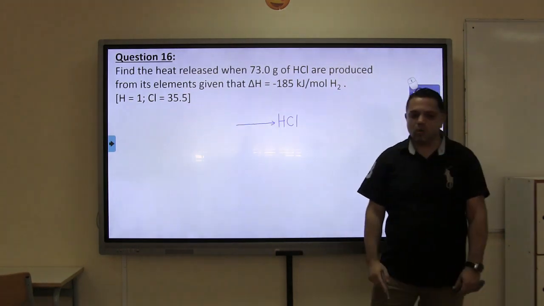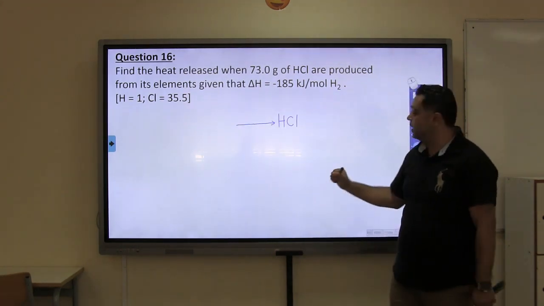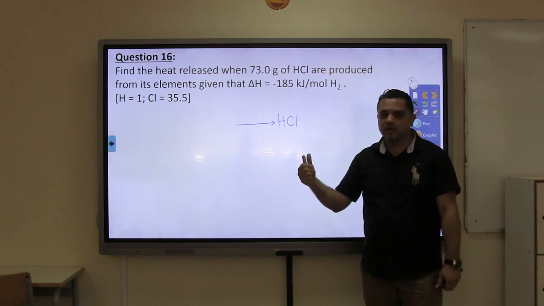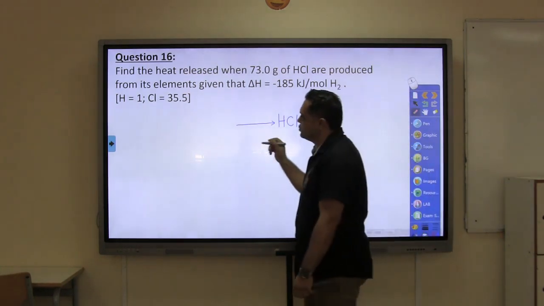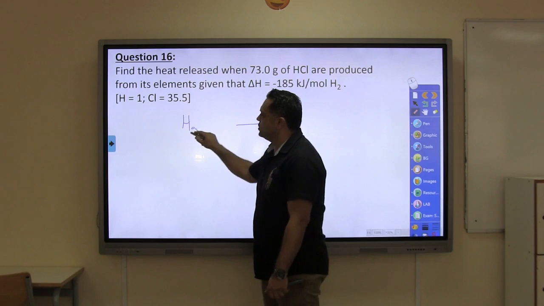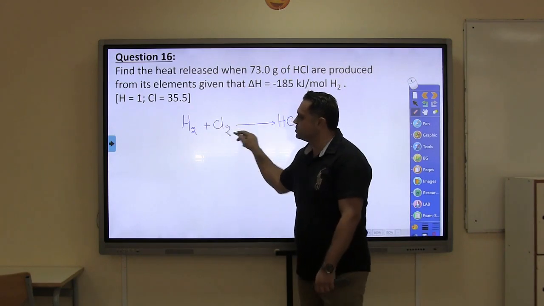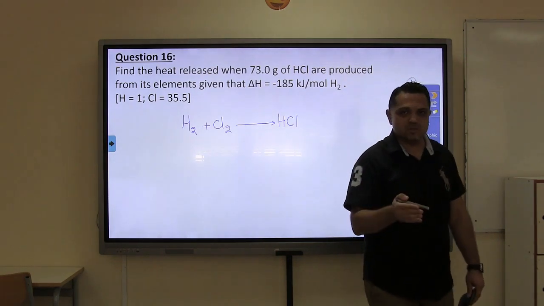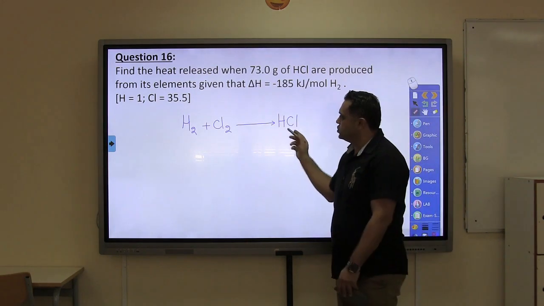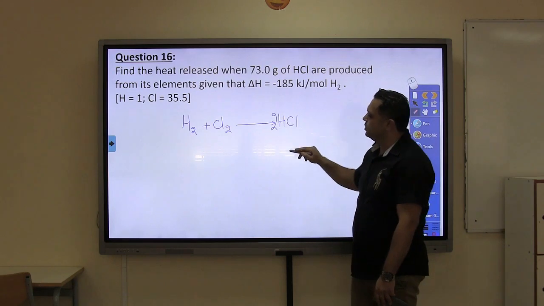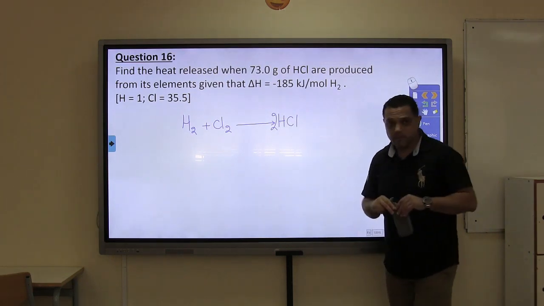from the elements. What are the elements that can form HCl? Hydrogen and chlorine. But hydrogen exists in nature as H2, so it will be H2 plus the chlorine, which is Cl2. So H2 plus Cl2, to balance here, we need to put 2, it will be 2 HCl.